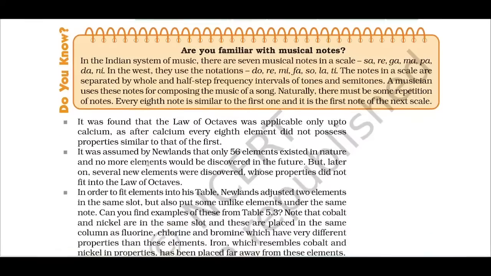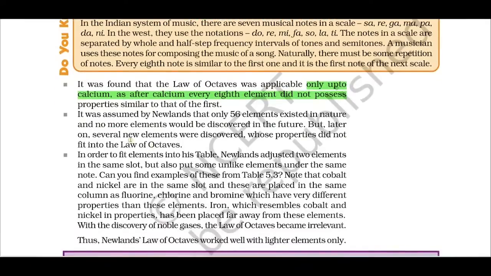Important 3-mark question. Newland's law of octaves was applicable only up to calcium. After calcium, every 8th element did not possess properties similar to that of the first. Also, Newland assumed that only 56 elements existed in nature and no more elements would be discovered in the future.